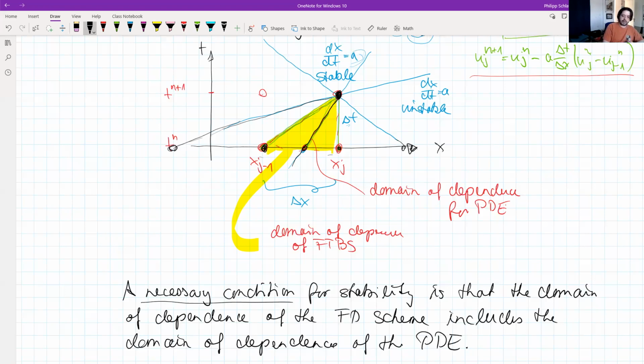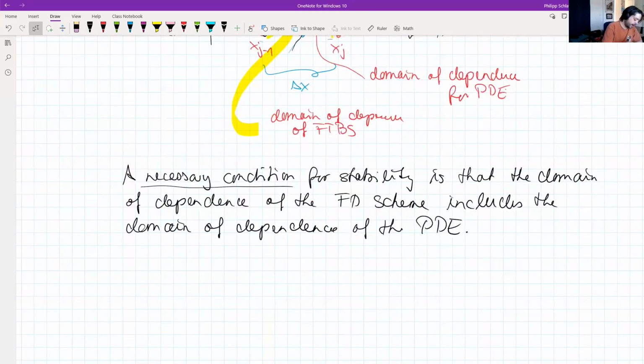So it's not that you can be sure as soon as you have a big enough stencil that everything is going to be stable. Also, that makes sense because just knowing the right information does not mean that you do the right thing with it. So therefore, it's only a necessary condition. And as I was saying, this criterion or this condition is called the CFL condition.